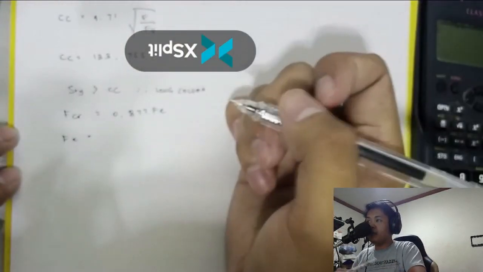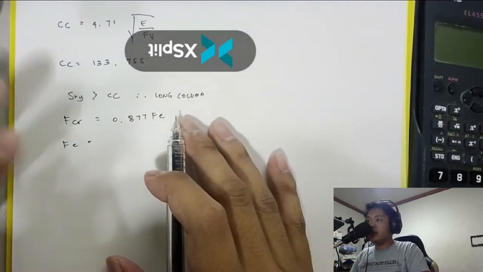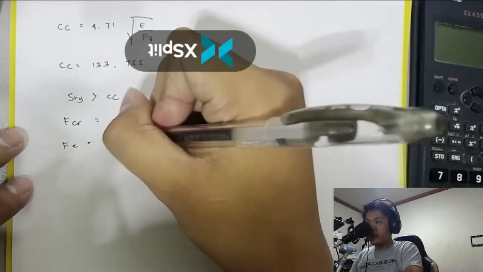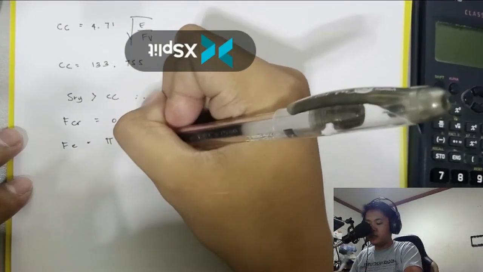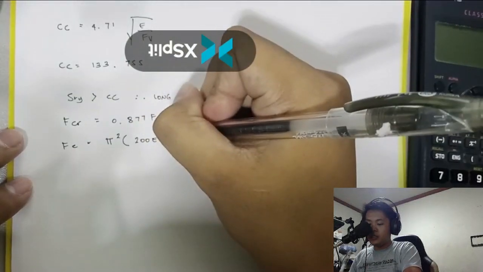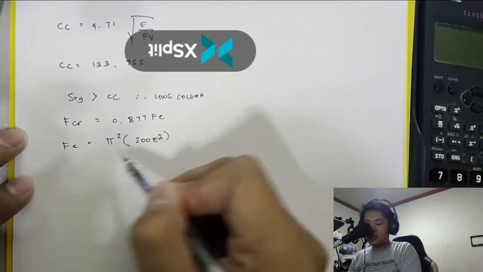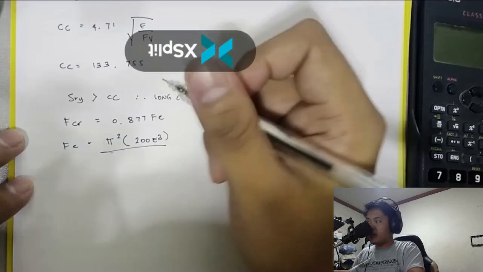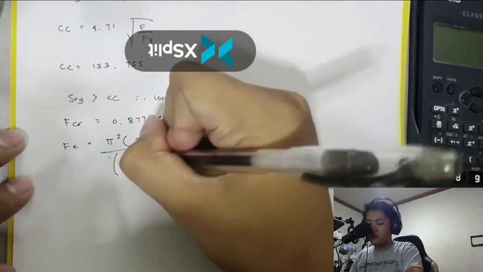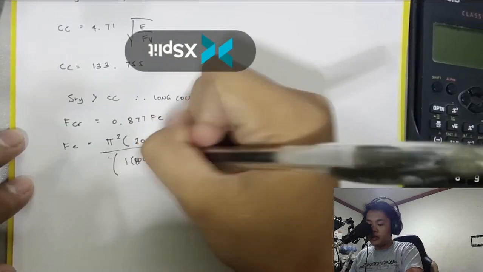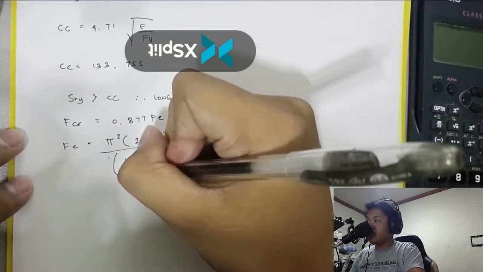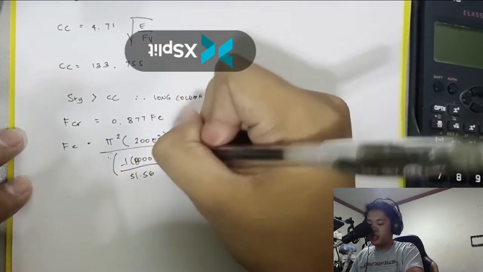So ngayon, solve ulit natin yung FE. Mag-iiba kasi yung value ng FE natin since yung K natin is equal to 1 na. So FE is equal to pi squared E, which is the modulus 200 times 10 raised to 3, then divide siya sa K na 1 times 8,000 over RY na 51.56, squared.